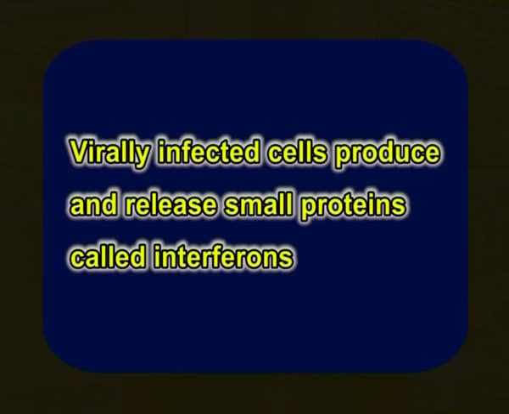Virally infected cells produce and release small proteins called interferons, which play a role in immune protection against viruses. Interferons prevent replication of viruses by directly interfering with their ability to replicate within an infected cell.